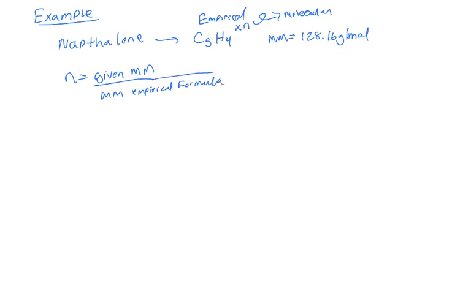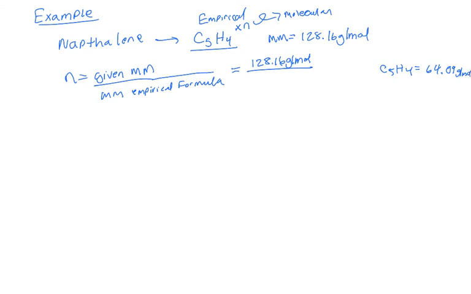Okay, so our given molar mass is 128.16 grams per mole, and the molar mass of our empirical formula can be figured out from here. So C5H4 has a formula mass of 64.09 grams per mole.